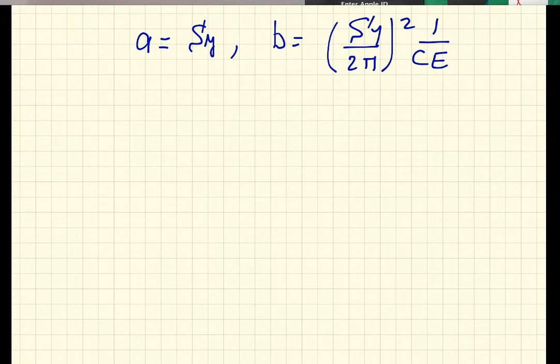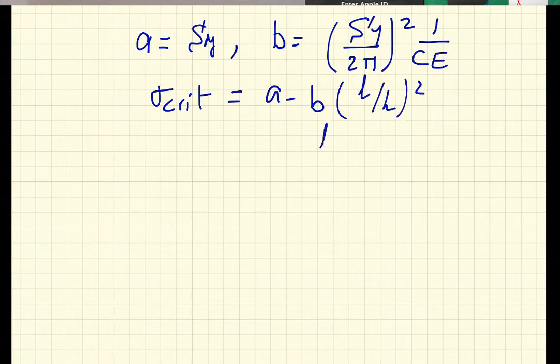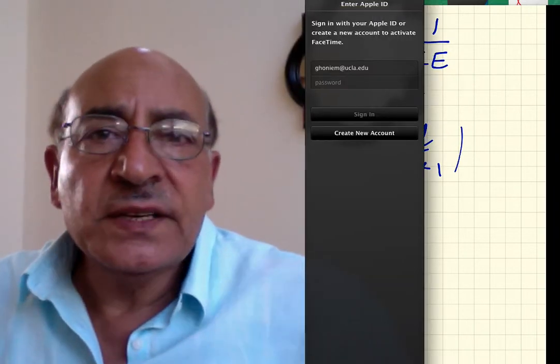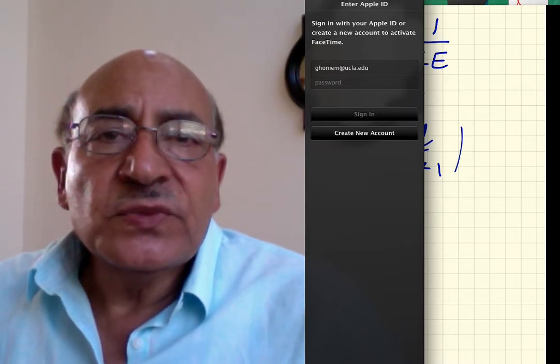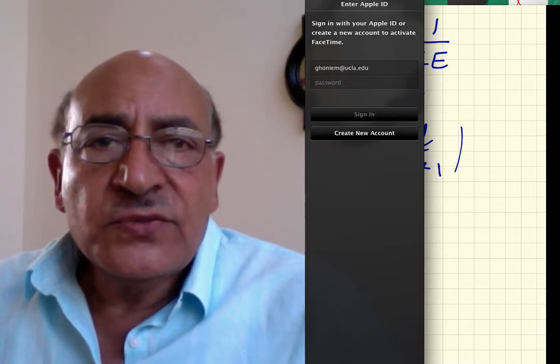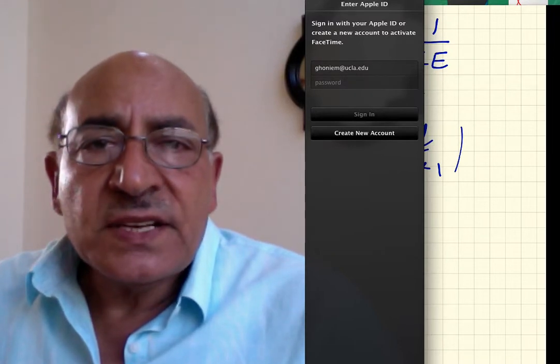Therefore the Johnson parabola, sigma crit, is equal to A minus B times L over K squared, and that is for values of L over K less than or equal to L over K1. L over K1 is the limit above which we would apply the straightforward Euler formula, below which we would apply the Johnson parabola for buckling design.